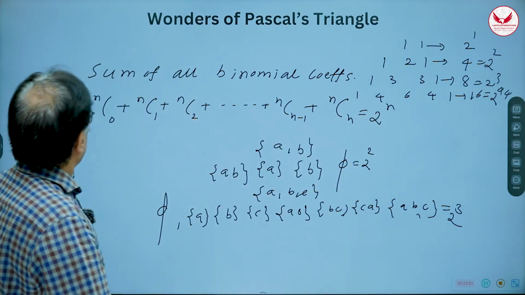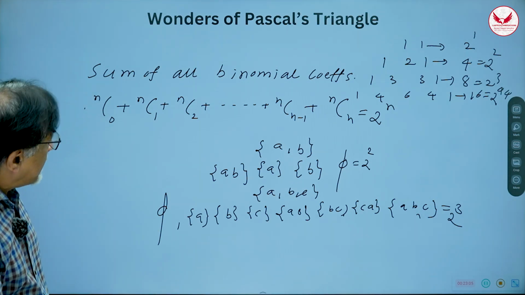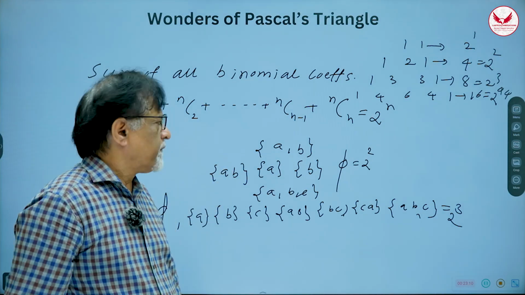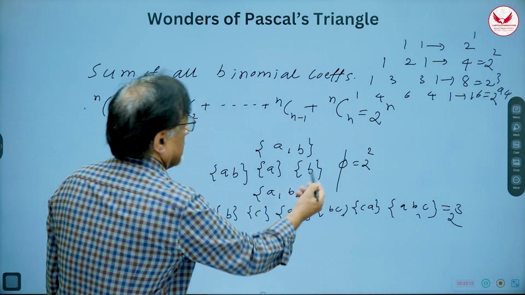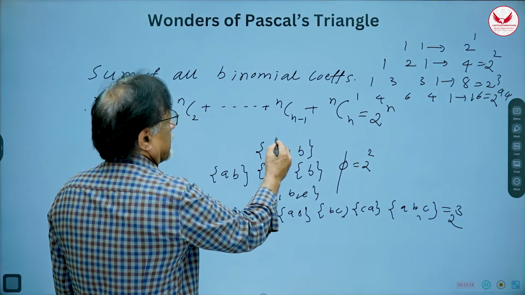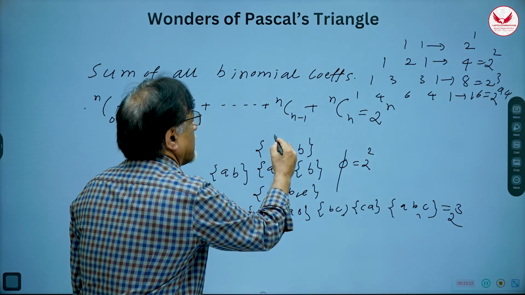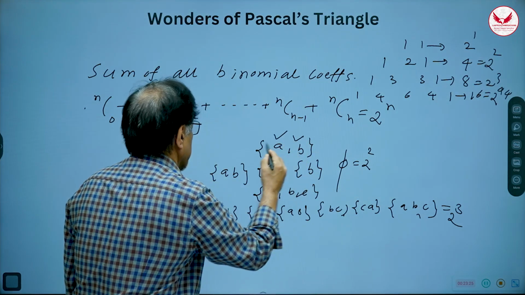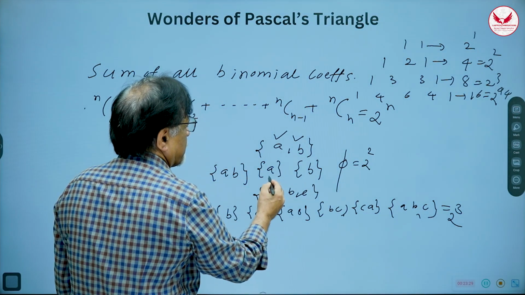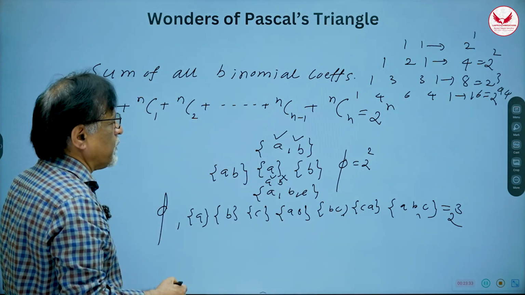And why is it so? Because nC0 plus nC1 plus nC2 and so on. When I select a subset, what am I doing? For example, whenever I take set AB, I am putting a sign of selection on A and on B. So here I have selected A and B. Here I have selected A and rejected B, so B gets a cross.